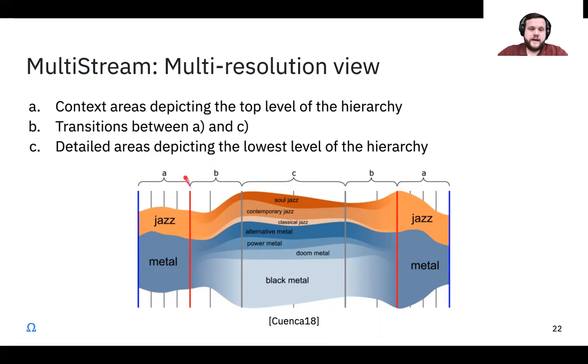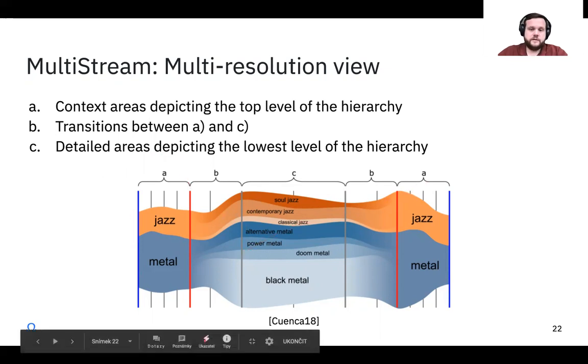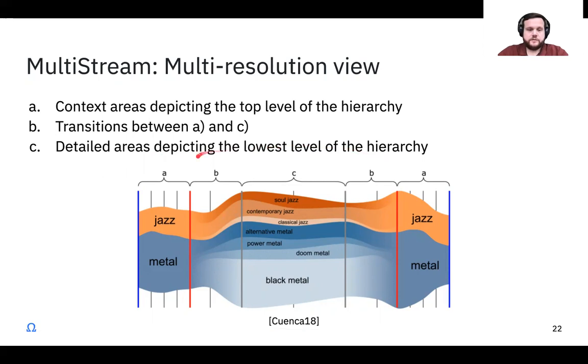In the areas we see the top level topics, so that you have jazz, you have metal, and because we're using the river / stream metaphor, you can split the streams into multiple topics, and then you can merge them back together. Similarly for metal.